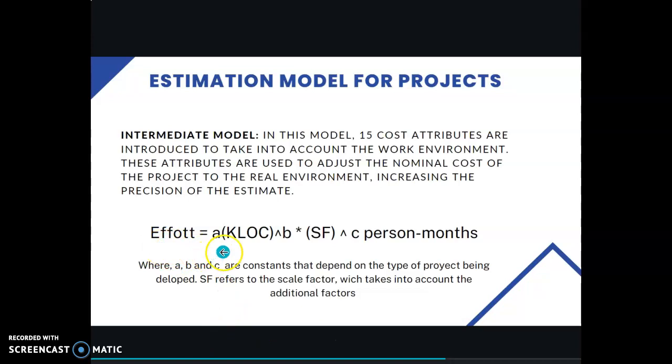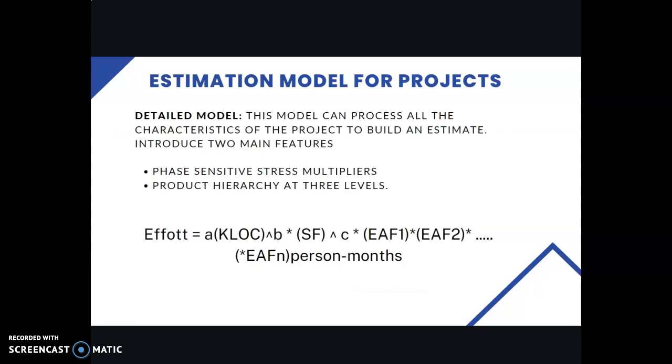Therefore, EKLOC, and in this formula A, B, and C are constants that depend on the type of project being developed, and F refers to the scale factor, which takes into account the additional factors.